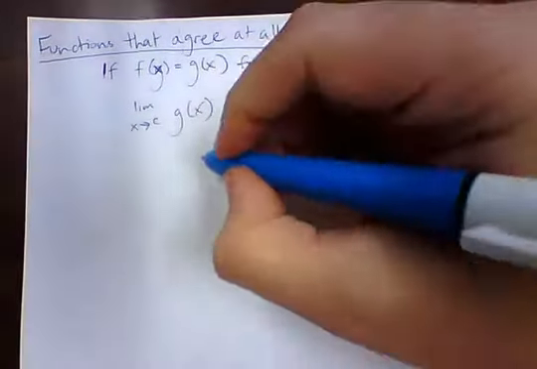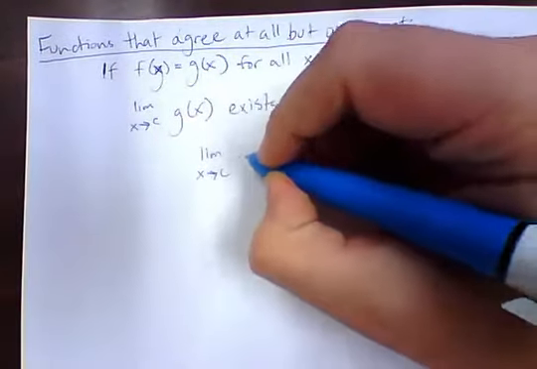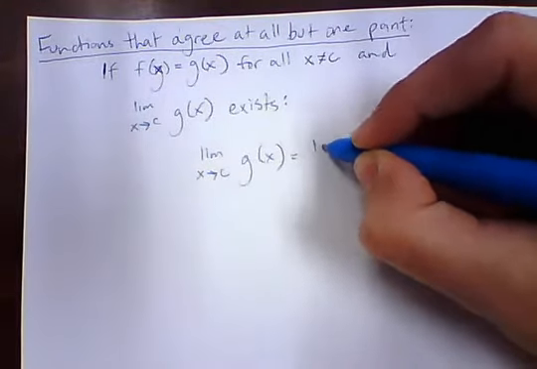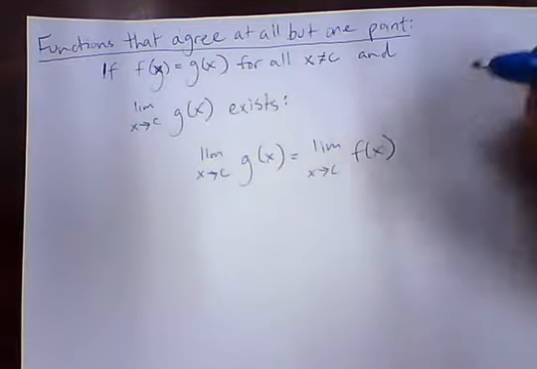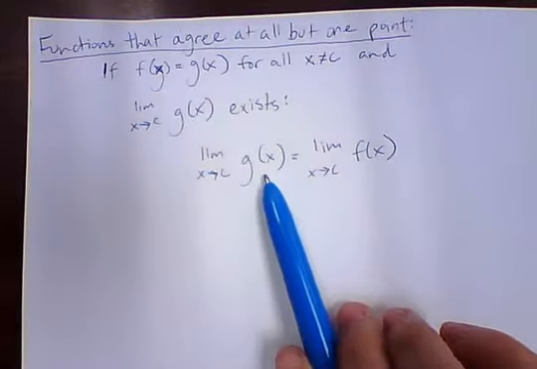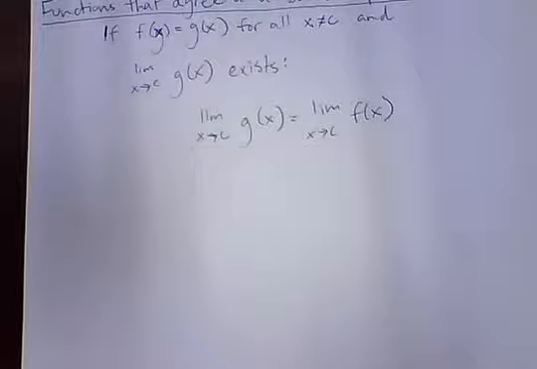We can say that the limit as x approaches c for g of x is the same as the limit as x approaches c for f of x. So if we have two functions and they agree for all but one point, if they're the same functions except for one place, then we can say the limit of the second function is the same as the limit of the original. So moving on, let's do an example of this.